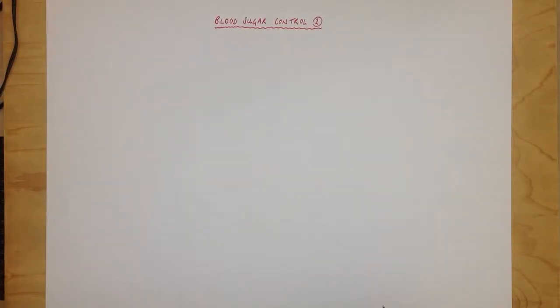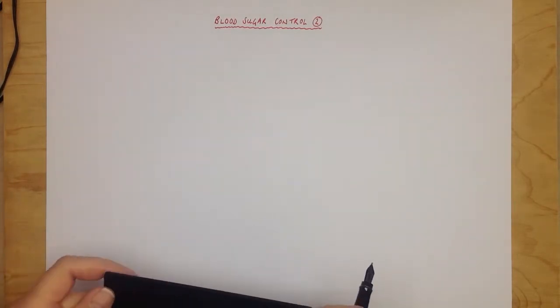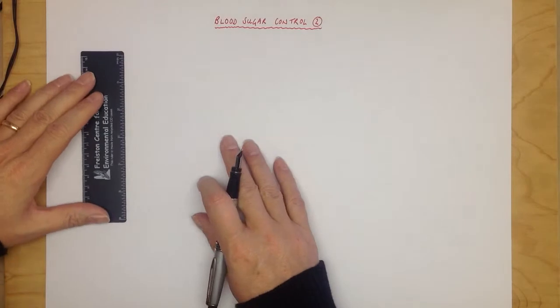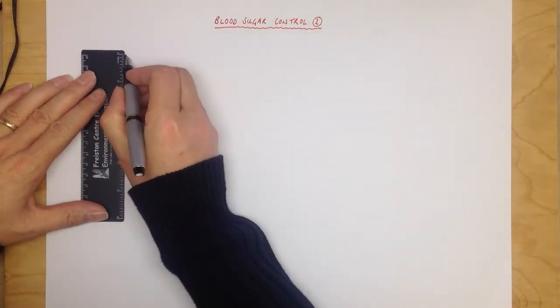One of the questions that people get asked about with blood sugar control is interpreting the changes in concentration of blood sugar after a meal. This is the typical sort of graph that you get.